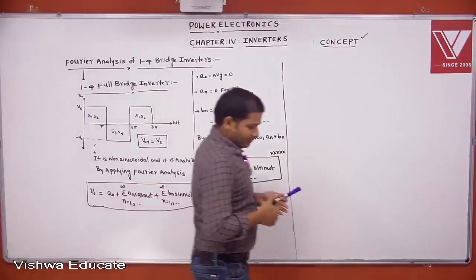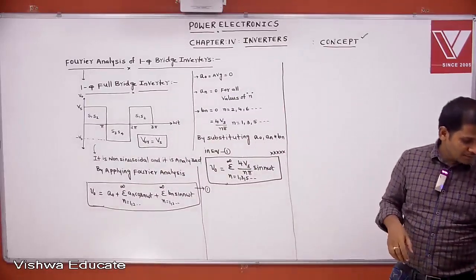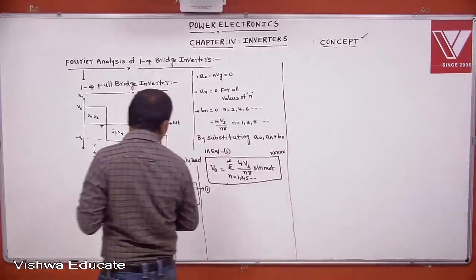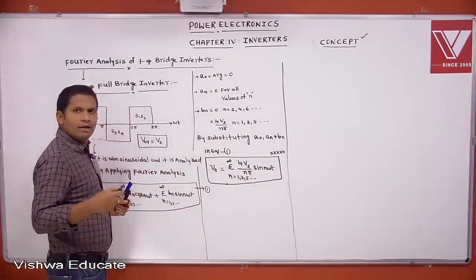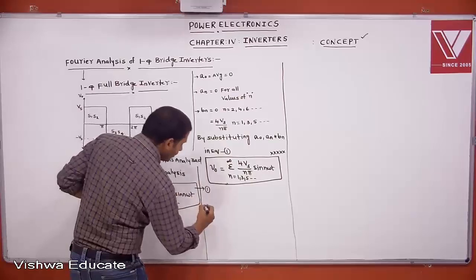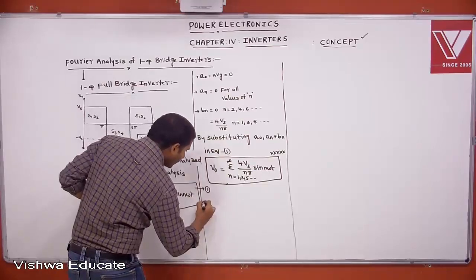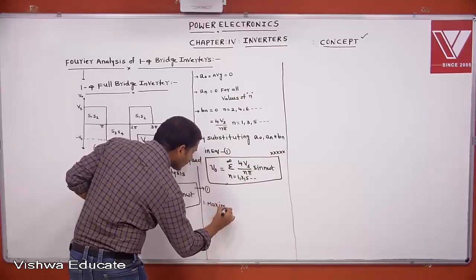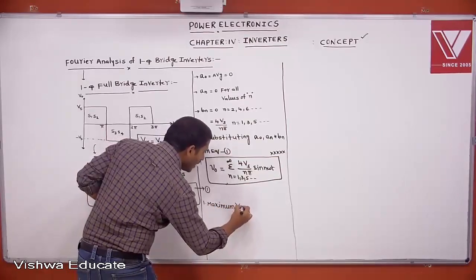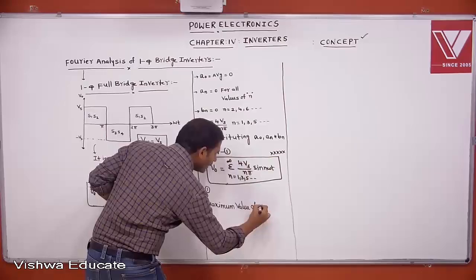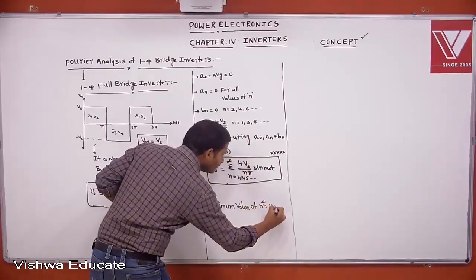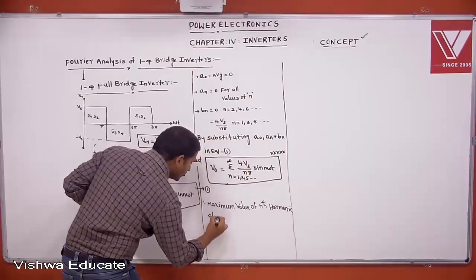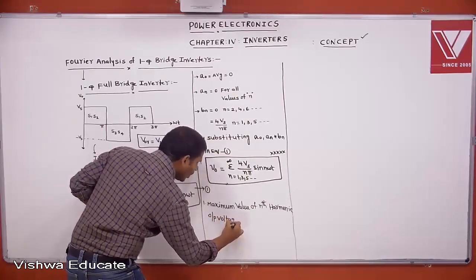Now tell me, from this relation, can you write what is the maximum value of nth harmonic output voltage? From this you write any formula. I am writing different formulas here. Maximum value of nth harmonic output voltage. How much?